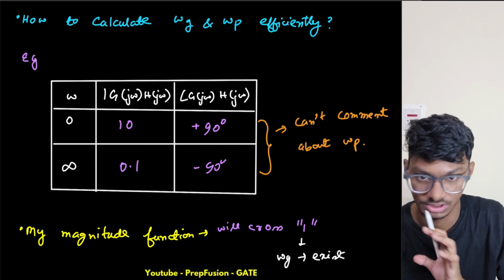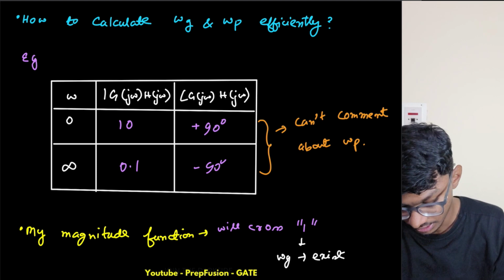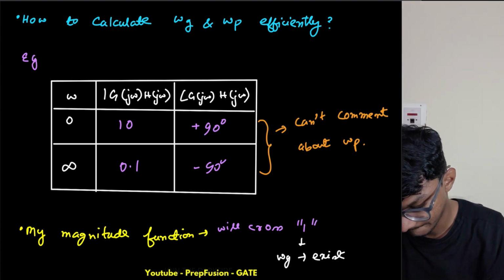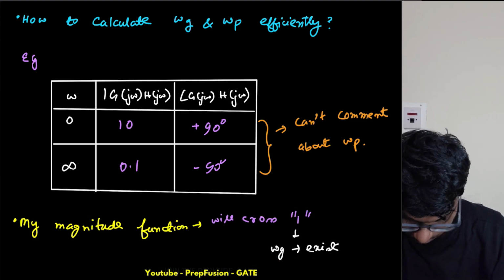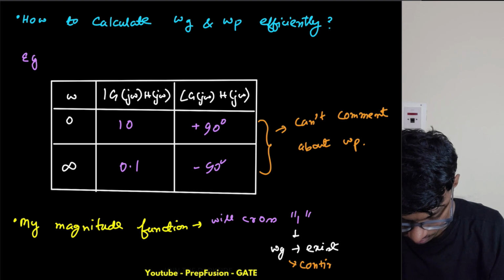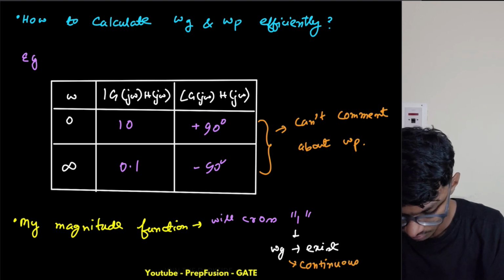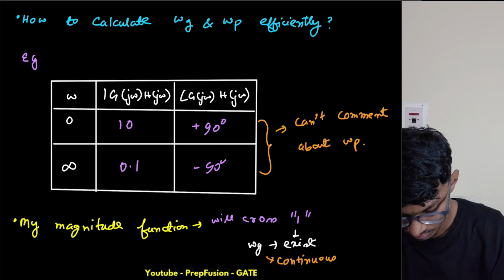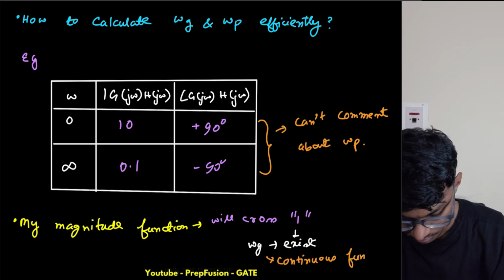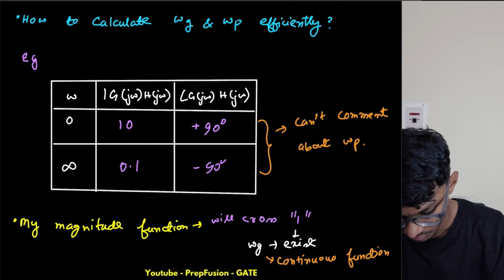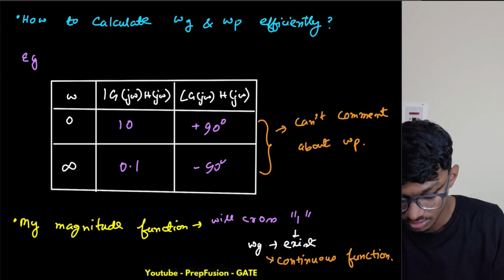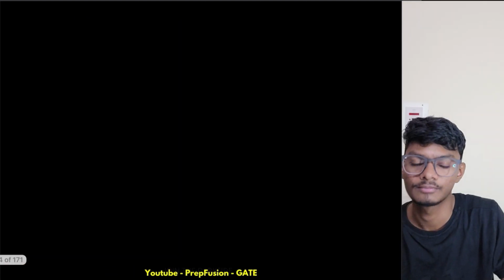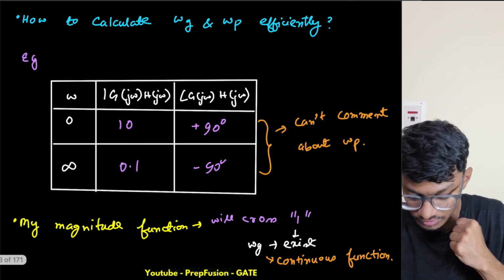So these are the few things you need to keep in mind. From here I can easily find omega g and omega p.